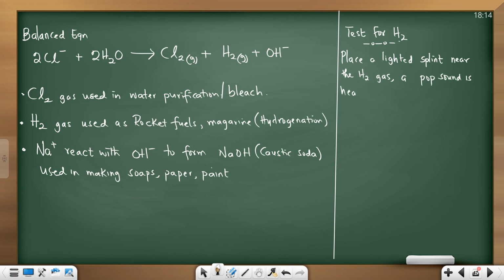One of the tests for oxygen is if I put a lighted splint, it rekindles. When you blow air, that light comes up again. That's a test for oxygen. It rekindles. But for hydrogen, you hear a pop sound. So that's how to know when hydrogen is formed.